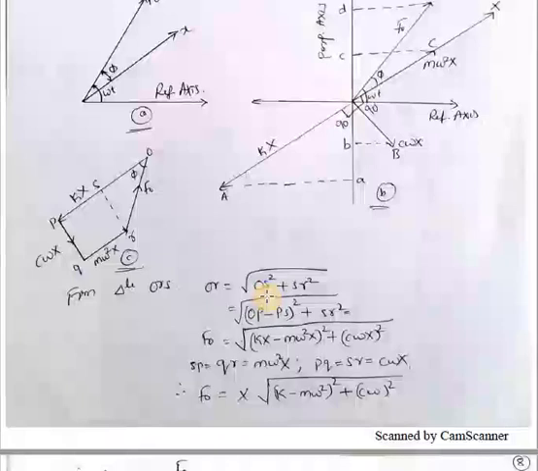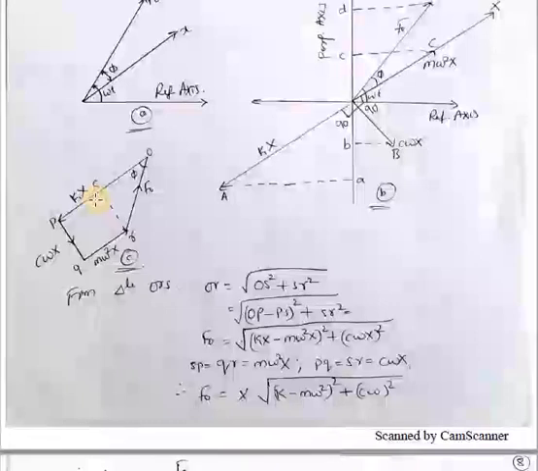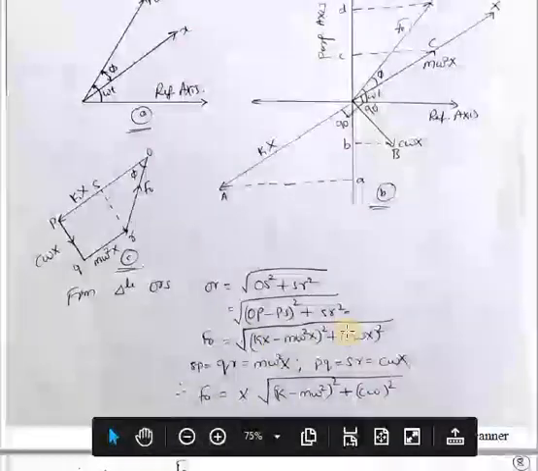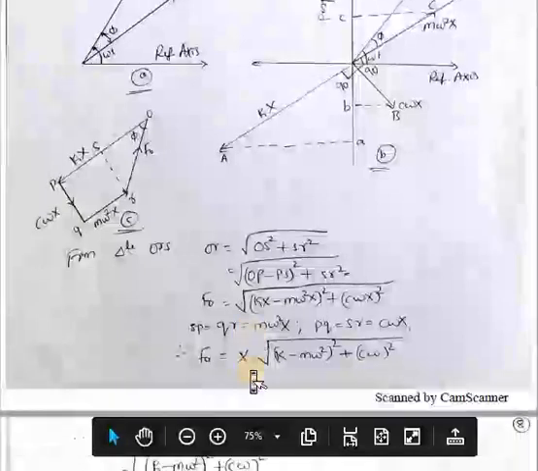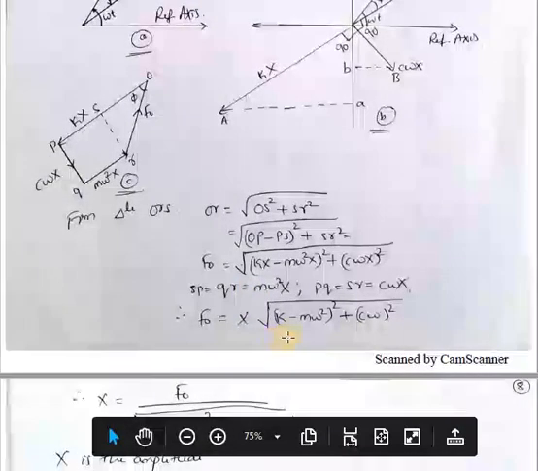Again, this OS is OP minus PS, where OP is kx, and this PS is m into omega square into x. So substituting those values, I will get F naught equal to x into root of (k minus m omega square) whole square plus (c into omega) whole square.